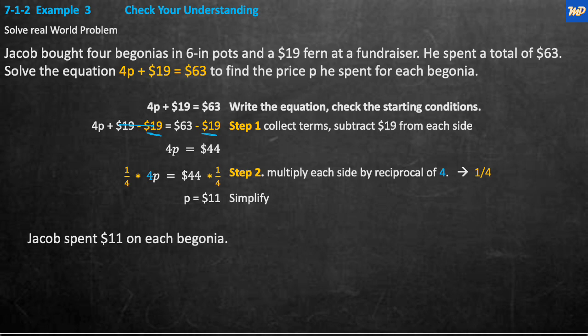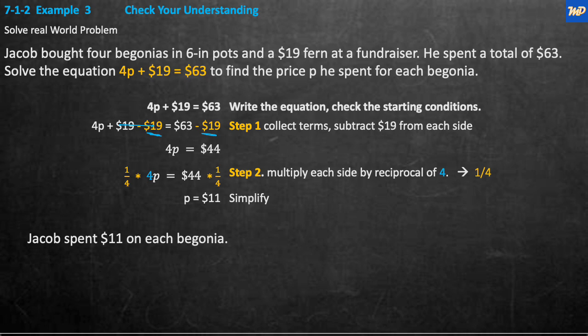Well, now we have to get rid of the 4 because we need the p by itself. We need its coefficient to be 1. In order to make the coefficient of p 1, we have to multiply by the multiplicative inverse of the coefficient, which is 1 over 4, so that the 4's cancel. You have a 4 on the top and a 4 on the bottom, they cancel. And what's left then is p.